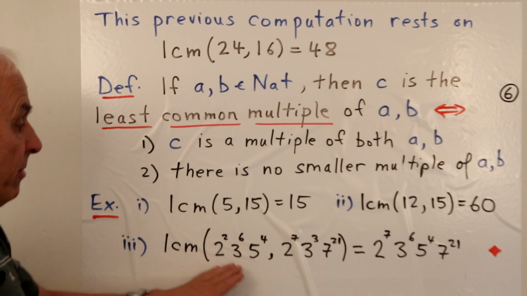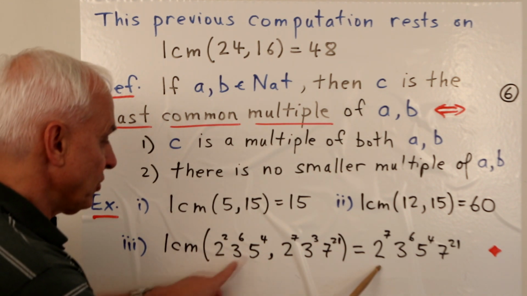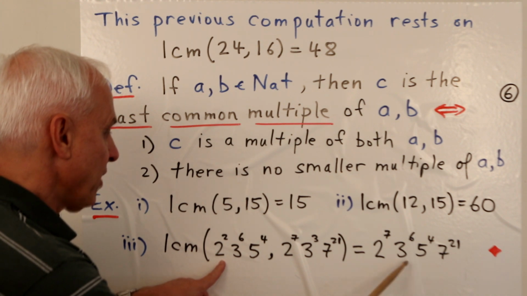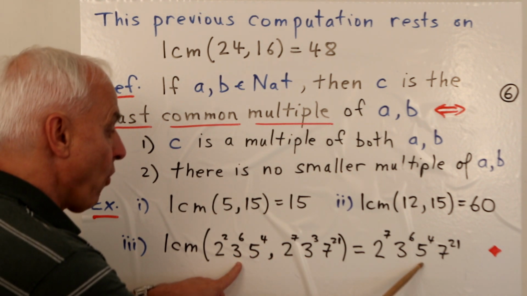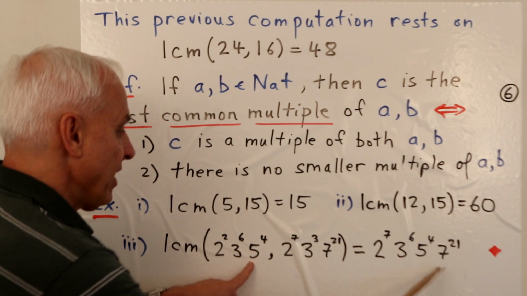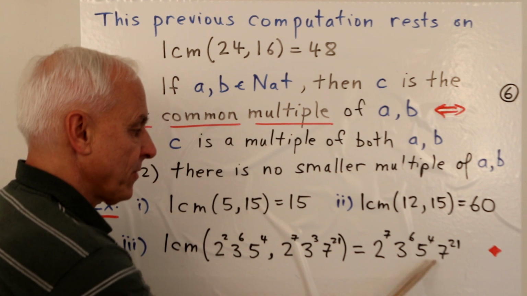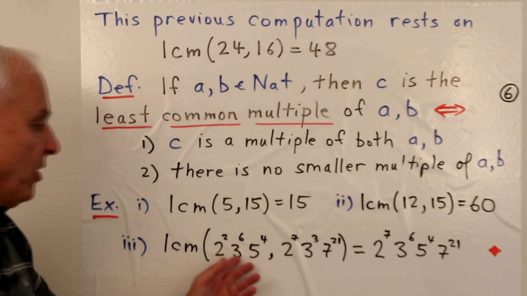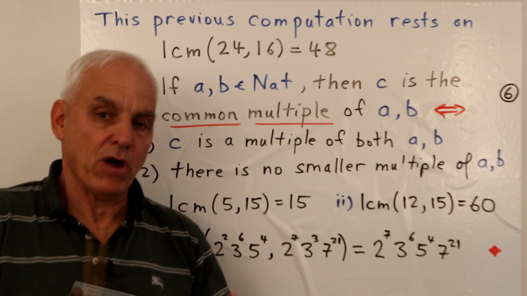And the least common multiple of these is 2 to the 7, so you choose the biggest power of 2. 3 to the 6, you choose the biggest power of 3. 5 to the 4, you choose the biggest power of 5. 7 to the 21, you choose the biggest power of 7. All right, that's the least common multiple of two numbers if you have them as products of primes.